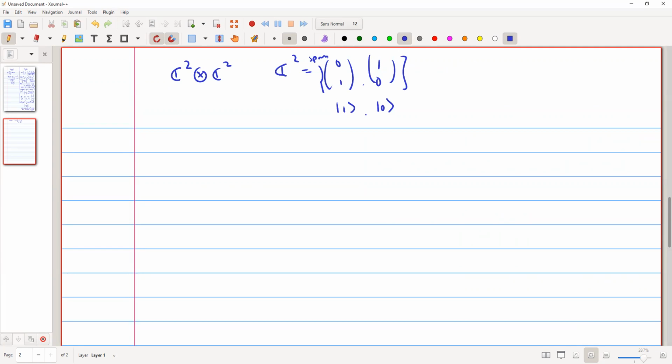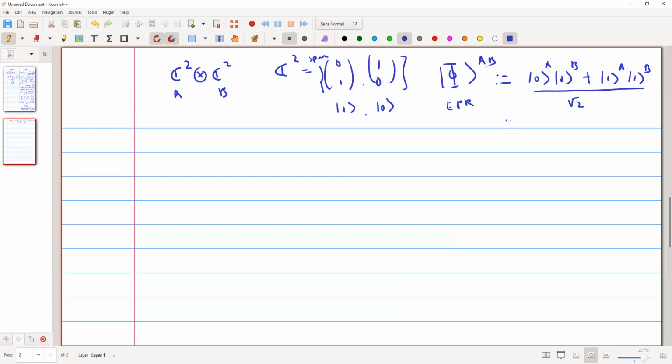This I'll call system A, the first C2 is called system B, and there's this famous vector called the EPR vector on the system AB. So the Einstein-Podolsky-Rosen state. This is defined to be, if you want to normalize it to unit length, over square root 2.